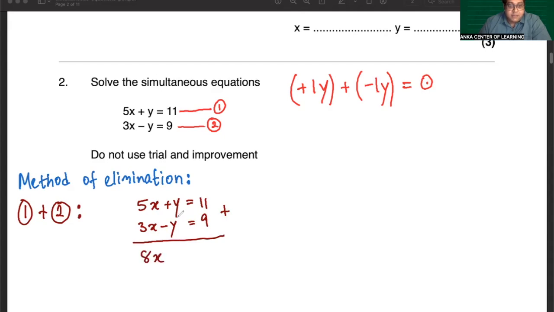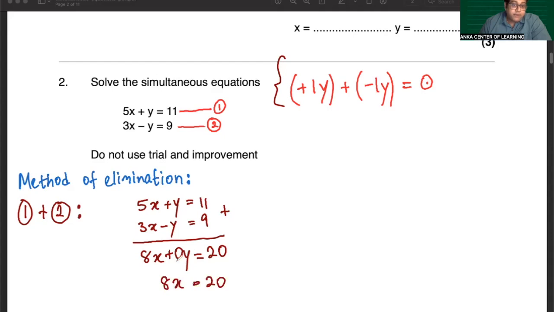And then plus y minus y, as I've shown here, becomes 0y. And 11 plus 9 will be equal to 20. So which means we have 8x equals 20.